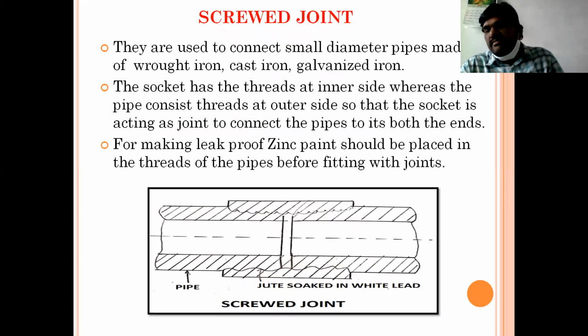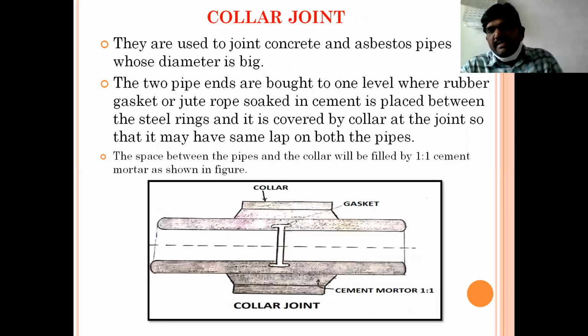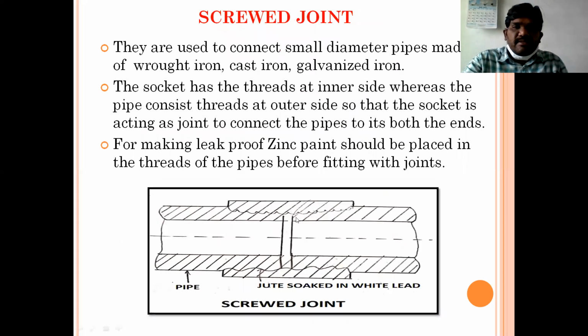Screw joint, collar joint. In the screw joint, the pipe has threads at the outside and the socket has threads at the inner side. These two pipes are kept like this, and this acts as the joint.